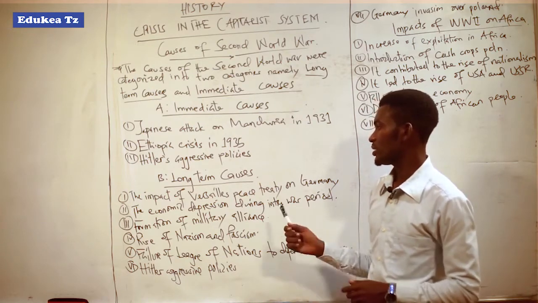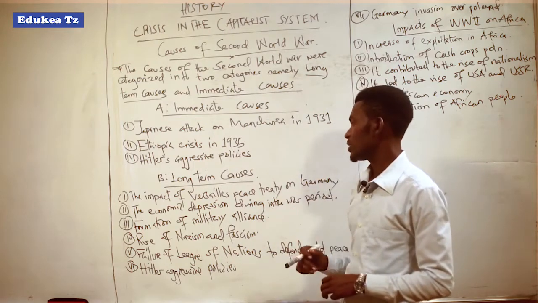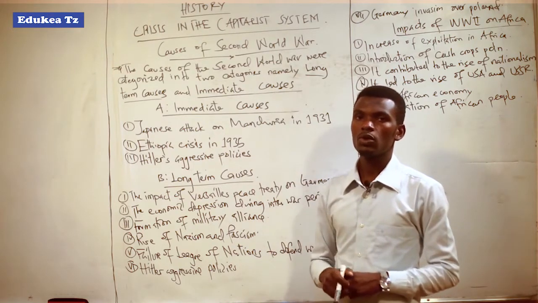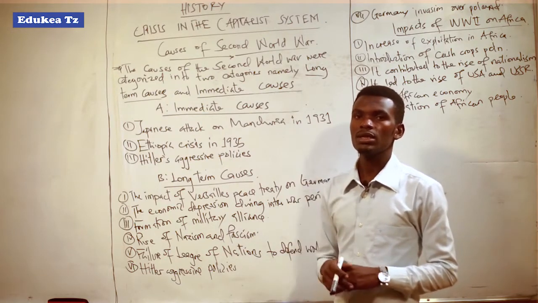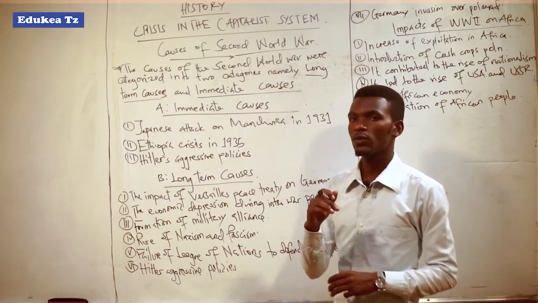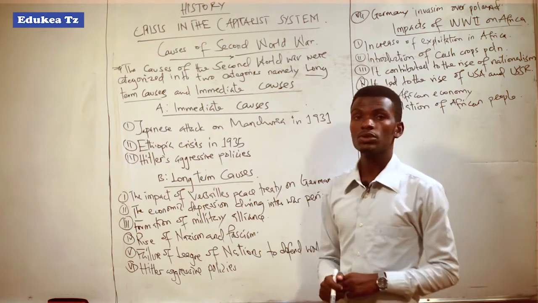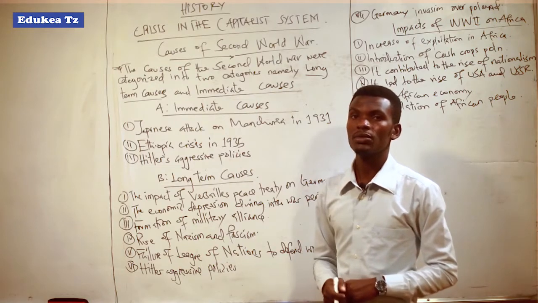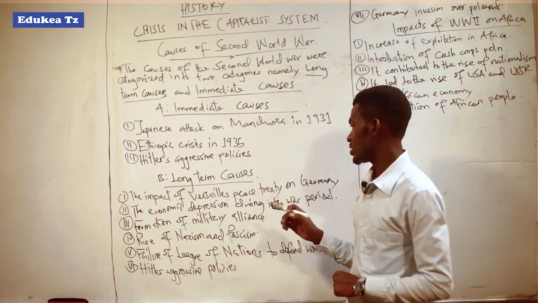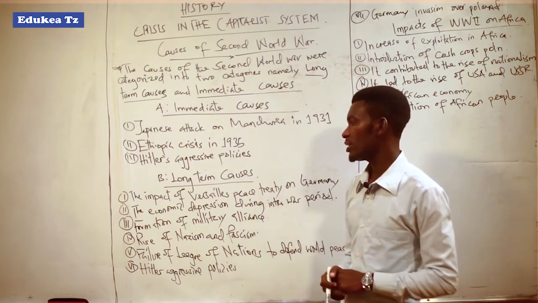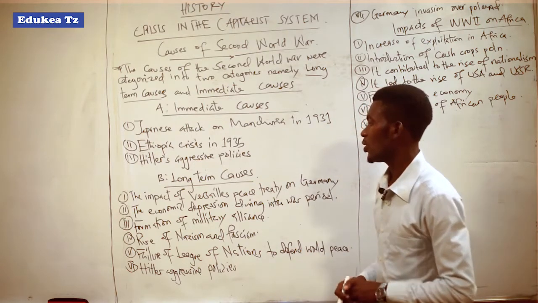So you can see that Germany was told to have no armament, or should reduce the manufacturing of military weapons, and Germany should lose her colonies as well as pay the war reparation, because she was considered the cause of the First World War.